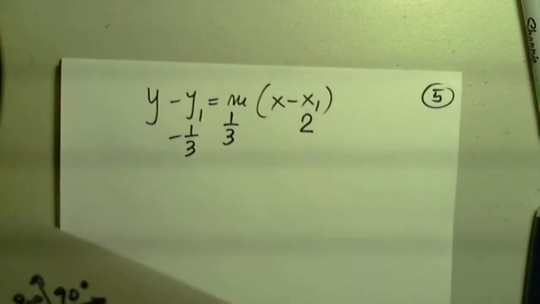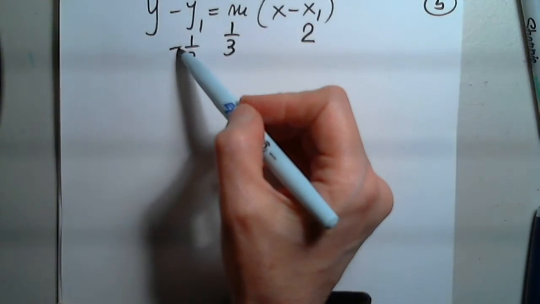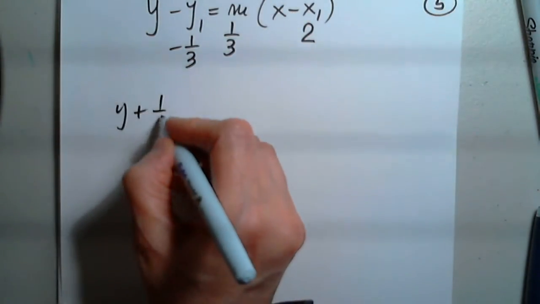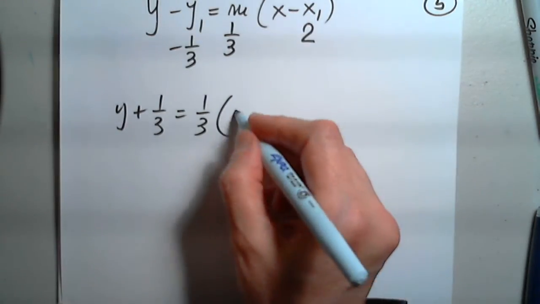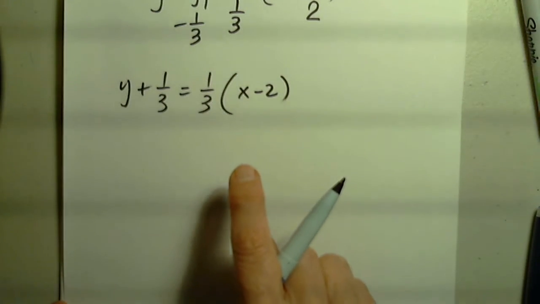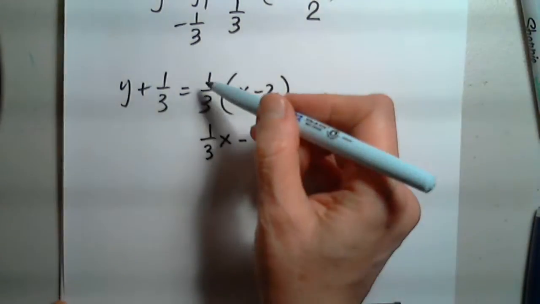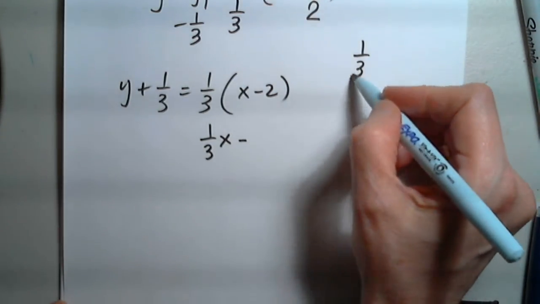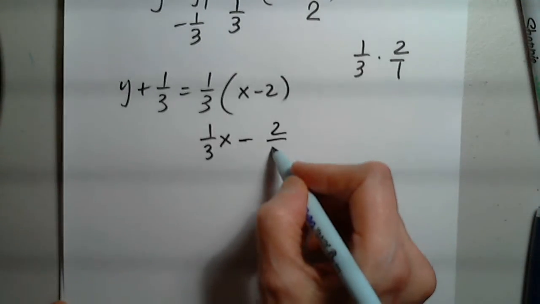Okay? So I put them underneath, so then I see y minus minus. So this is y plus 1/3 equals 1/3 times x minus 2. Yes, we have to distribute 1/3 to x minus 2. 1 over 3 times 2 over 1 obviously is 2/3.